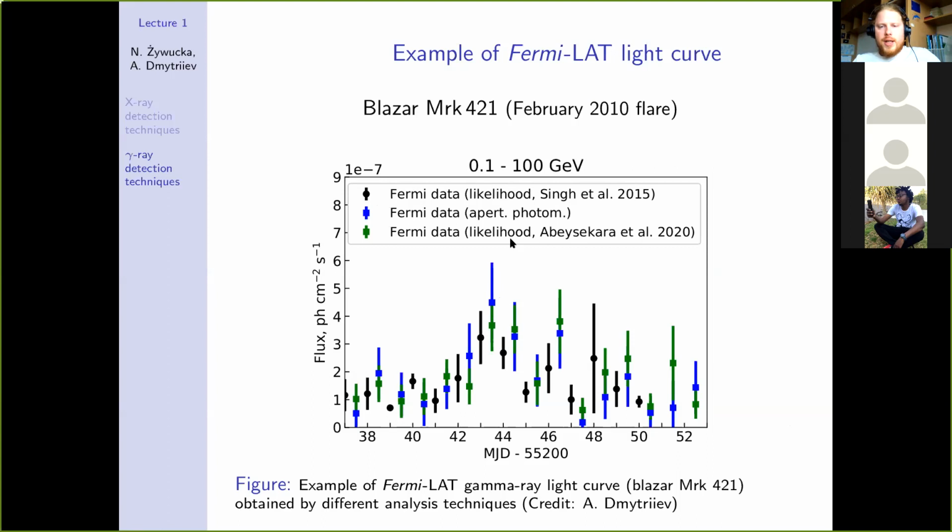And the green data is the same likelihood, but with newer instrument response functions. So you see they all overlap. This is essentially the same measurement, but the likelihood analysis yields smaller errors. You can see that black or green dots have somewhat smaller errors than the aperture photometry. So this is why the likelihood is preferred.